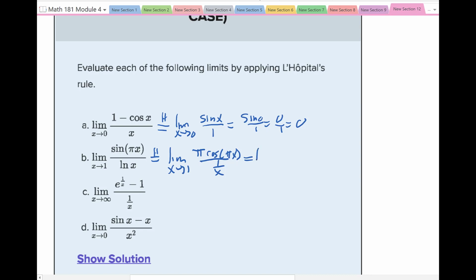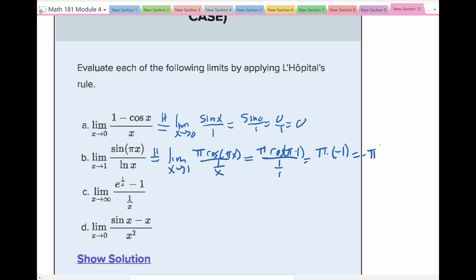I don't need to worry about the 0; I was thinking that was a 0 down below. Sorry about that. So 1 goes in there, so it's going to be pi times cosine of pi times 1 over 1 over 1. So that's pi times cosine of pi, which is negative 1. So the answer is negative pi.